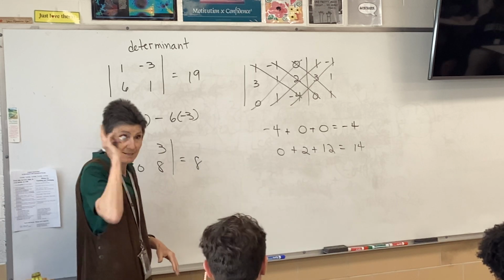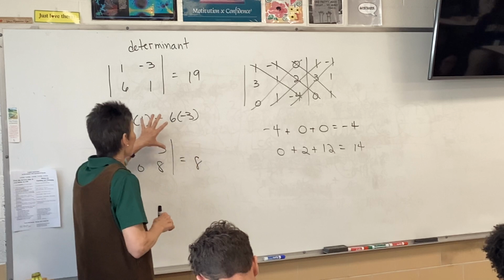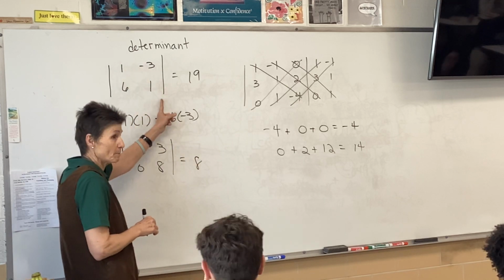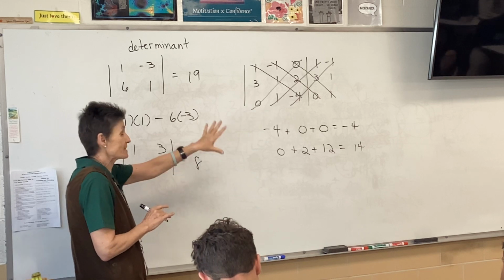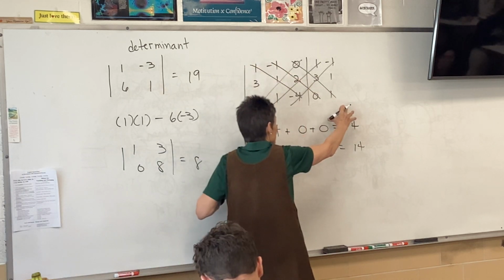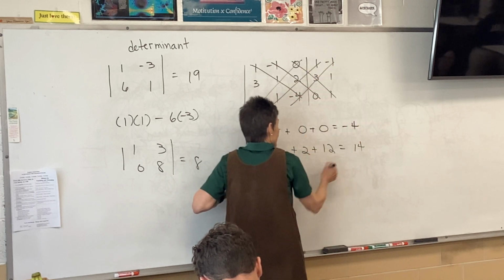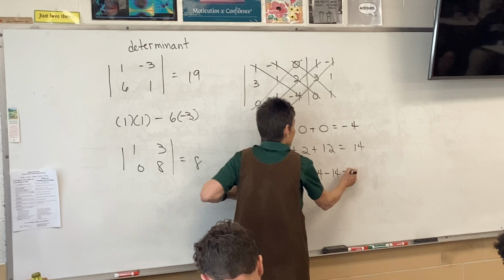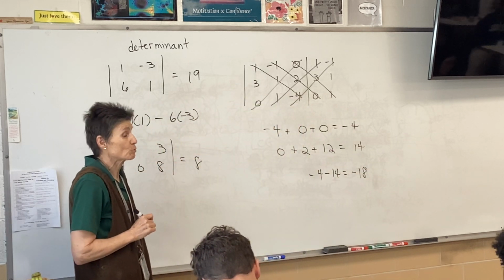Now, yes. Remember, in the 2 by 2s, didn't we multiply, multiply, and subtract? This is the same thing, it's just more of it. So we multiplied all these and got negative 4. We multiplied all these and got 14. So the answer to the problem is negative 18. You subtract.